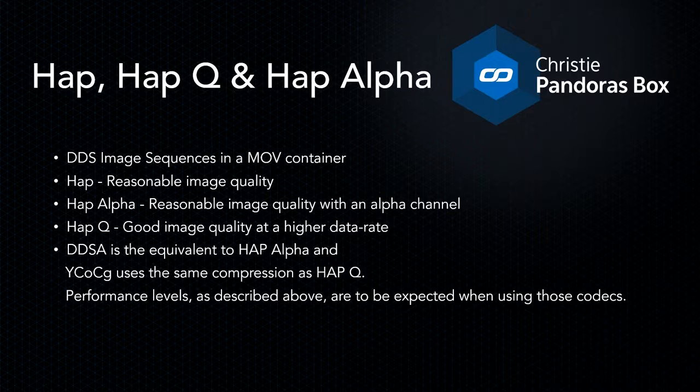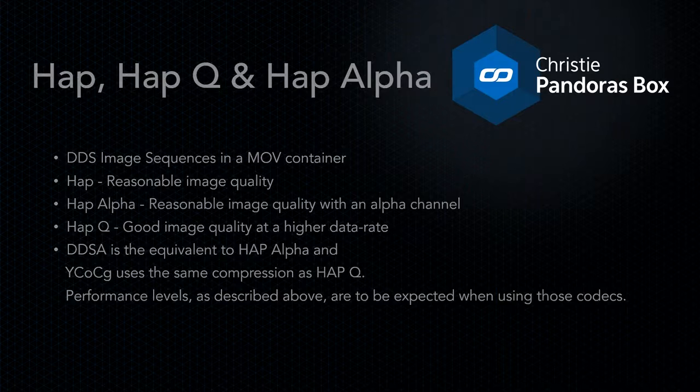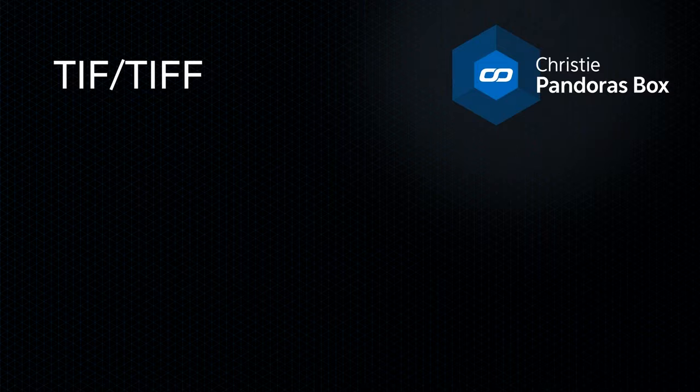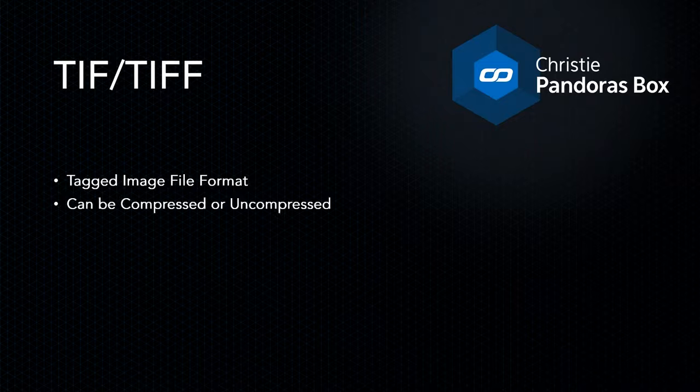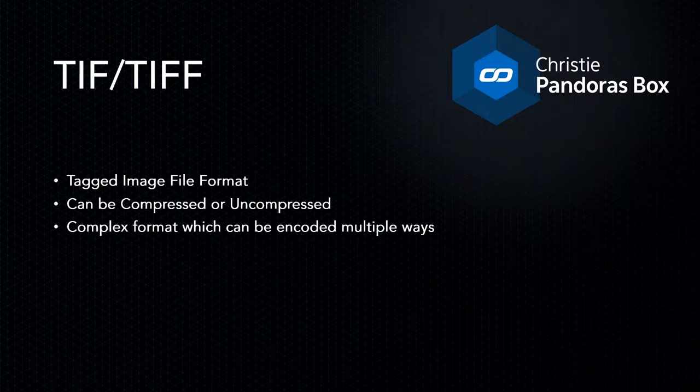The next thing is the TIFF image sequence. A TIFF is called a tagged image file format, which can be compressed or uncompressed. It's a very complex format, which can be encoded in multiple ways.